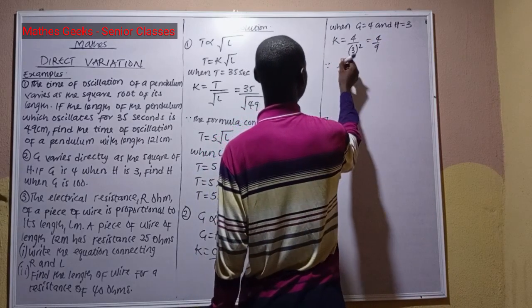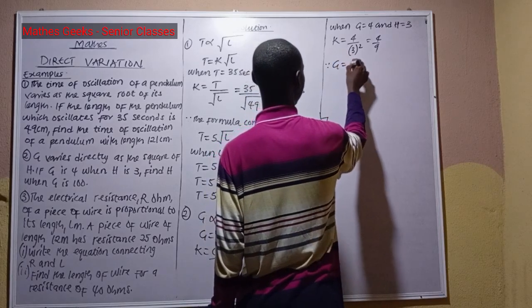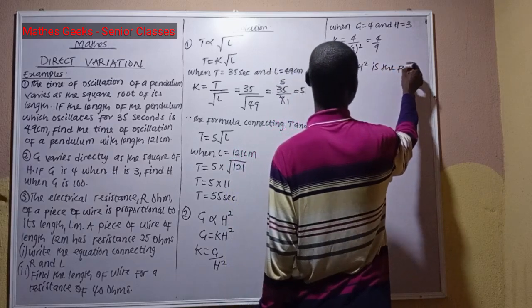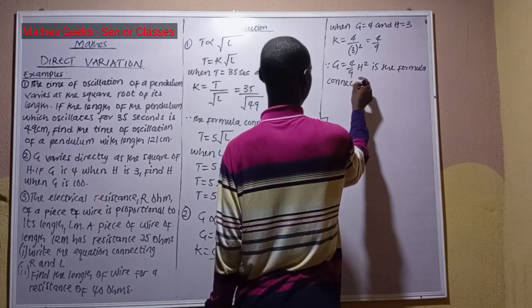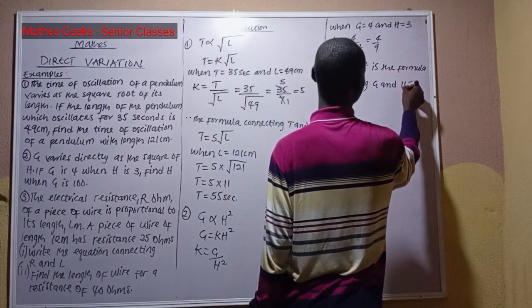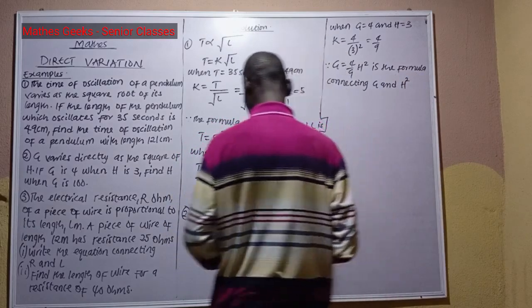Therefore G equals 4 over 9 h squared is the formula connecting G and h, connecting G and the square of h.